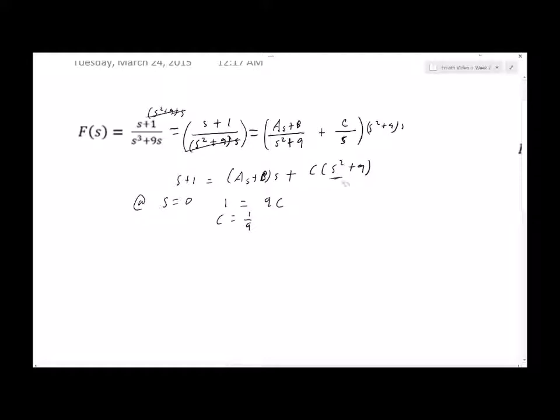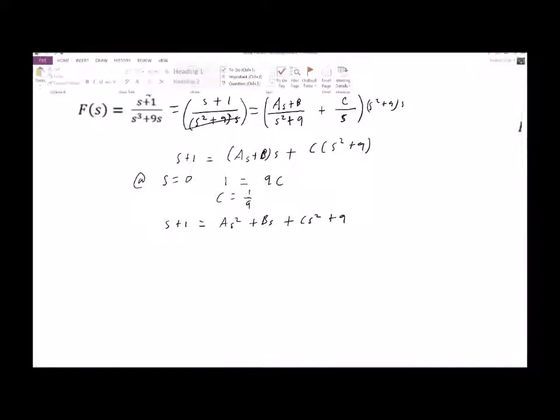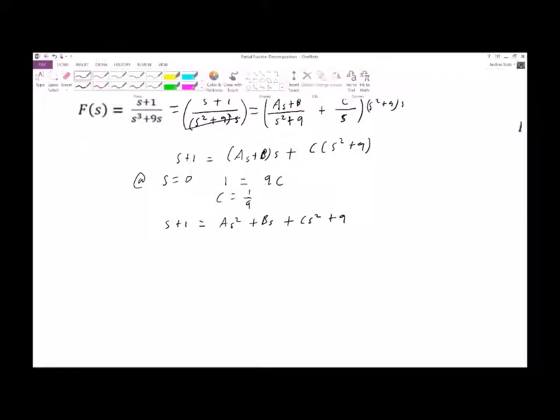So what we'll have to do is either plug in two other numbers, which is totally possible, or use a method called shopping cart. What this does is we distribute everything out: as squared plus bs plus cs squared plus 9c. Sorry, there should be 9c. Now we're going to color code this because that makes life easier.